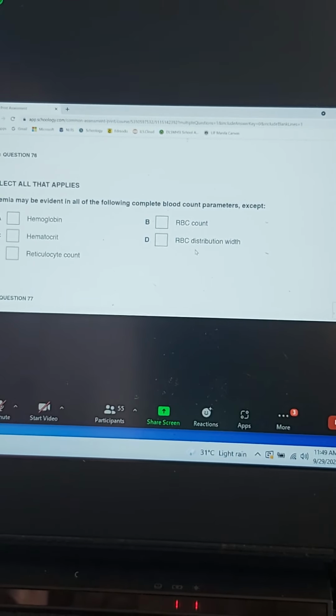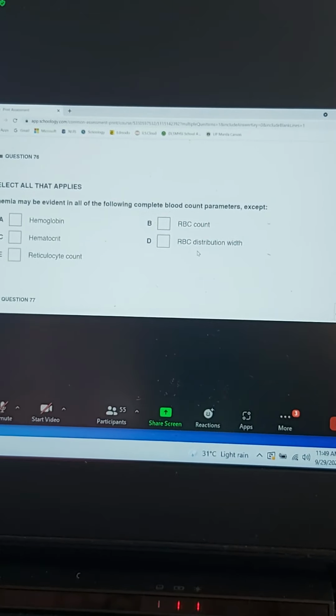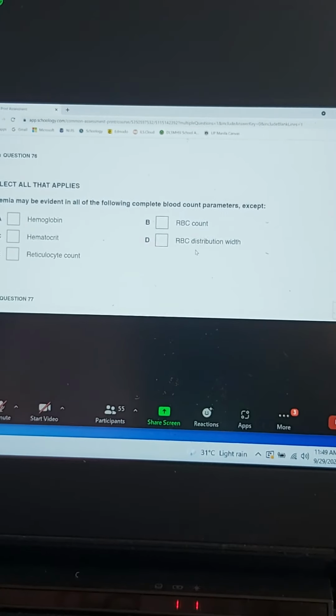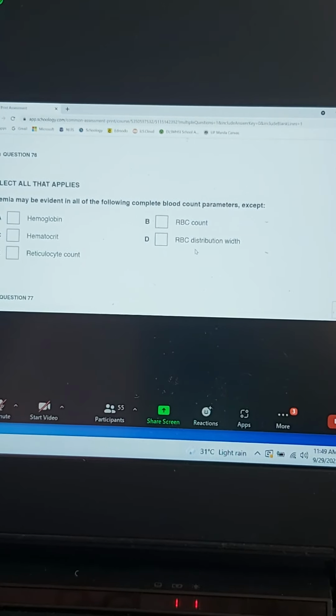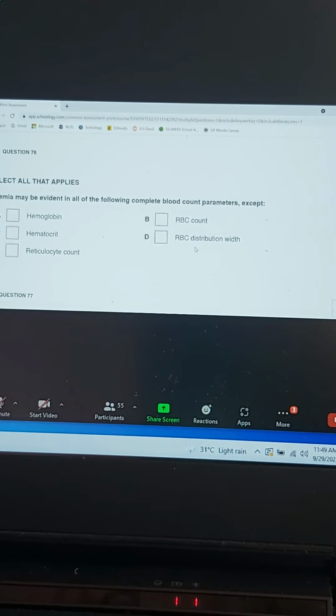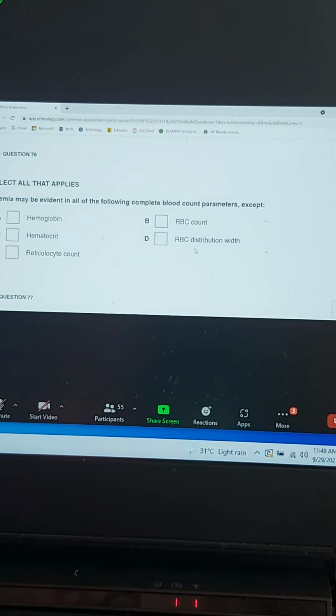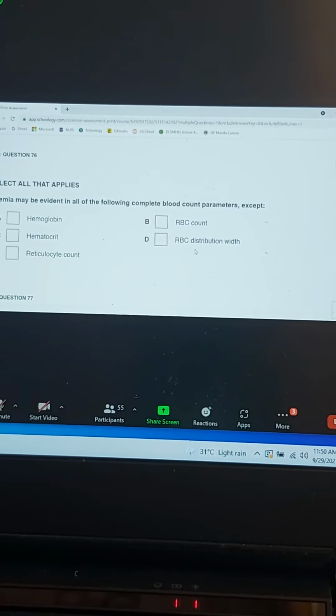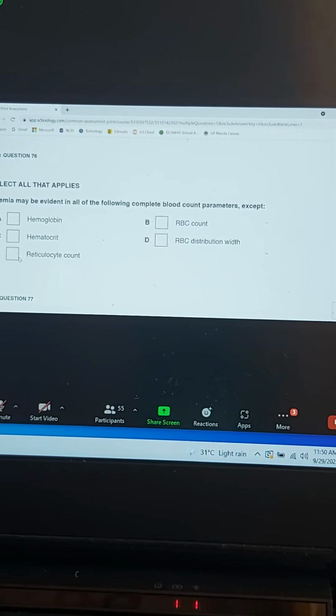Pero kapag normal ba ang RDW, maro-rule out ba natin ang anemia? Hindi po. Hindi, di ba? Kasi may mga normocytic, normochromic na anemia. So definitely, RDW hindi siya ganun ka-evident. Pwede, pero hindi siya kasing evident ng hemoglobin, hematocrit, RBC count. So letter D ito yung hinahanap natin. How about reticulocyte count?